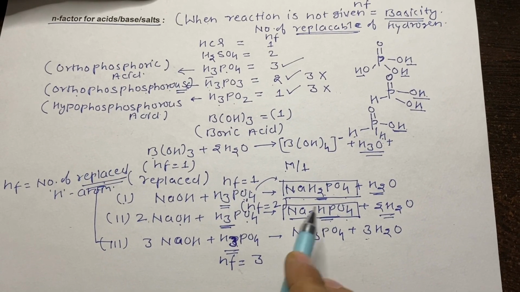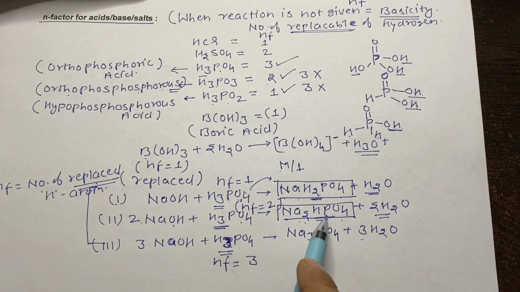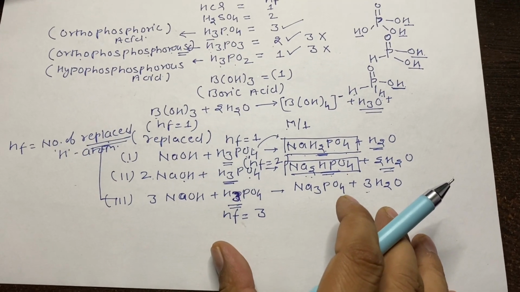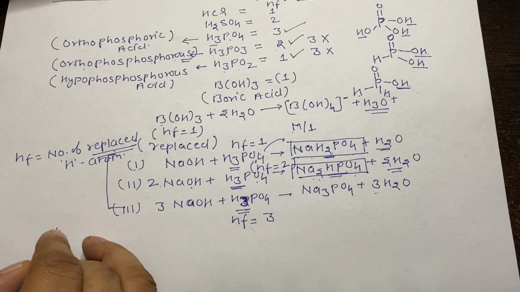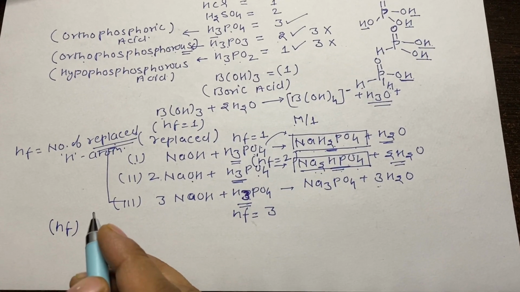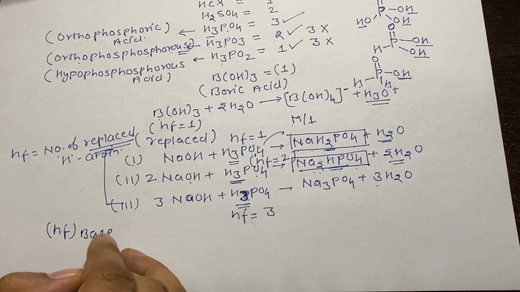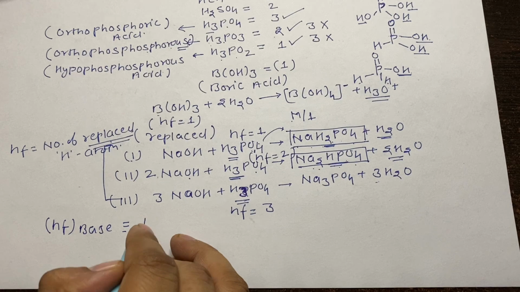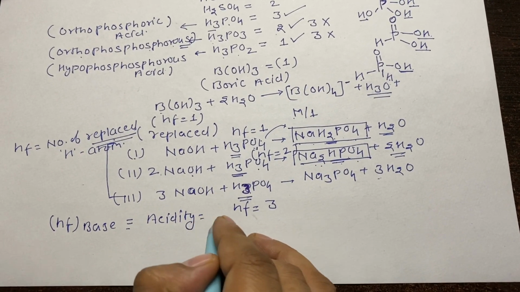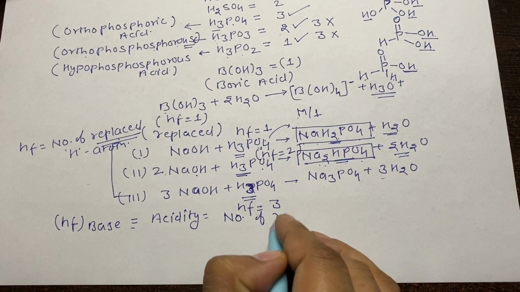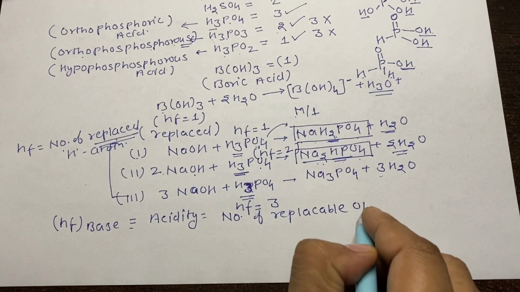So we can also calculate the n factor of an acidic salt, which is the number of replaceable hydrogen from this. In the same way as we have calculated the n factor of acid, we can also calculate the n factor of base in the same manner when the reaction is given or not. So when the reaction is not given, n factor of base will be equal to acidity, that will be equal to number of replaceable OH minus.